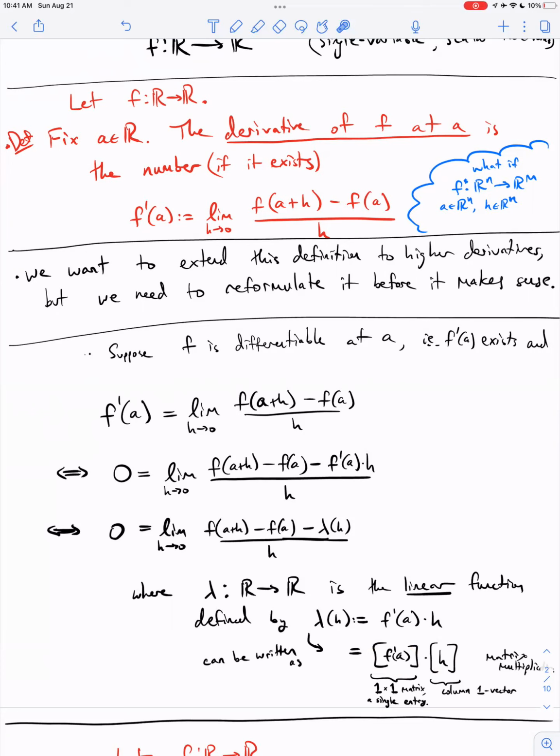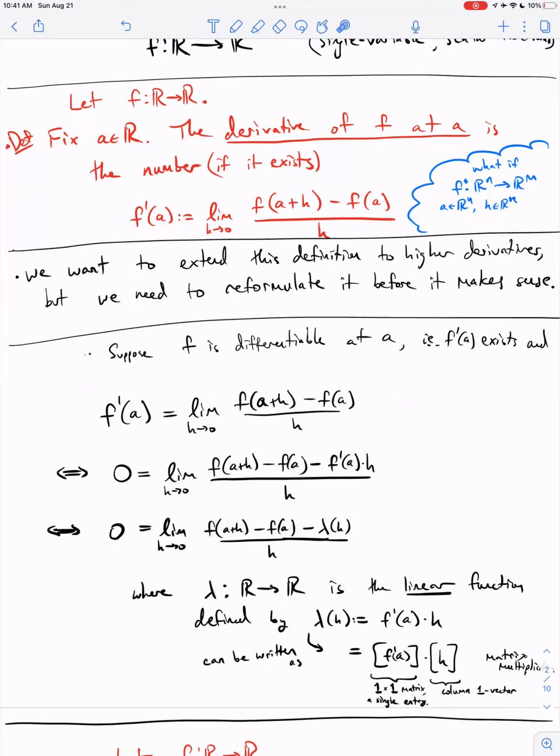So it is just another 1-by-1 matrix, but you want to think of this one as a vector and this one as a matrix in order to generalize to the next step properly, right? So this is a 1-by-1 matrix with the entry depending on a. It's f prime of a. It's the derivative that we're more familiar with.